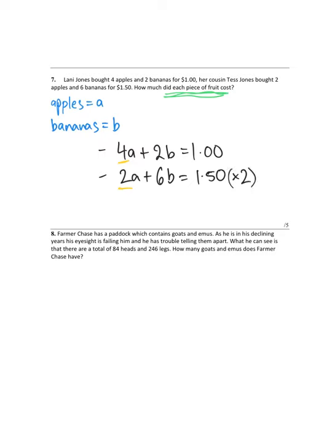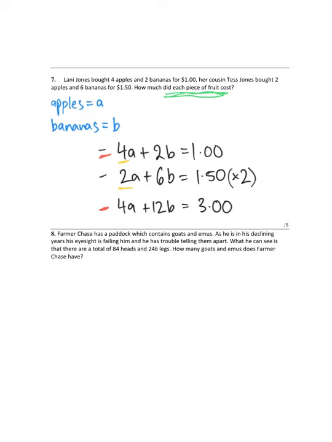So I get 4A, and 6 times 2 makes 12B, which equals $1.50 times 2, which is $3. So what I'm doing now, guys, is focusing on our first equation and the equation I just created.